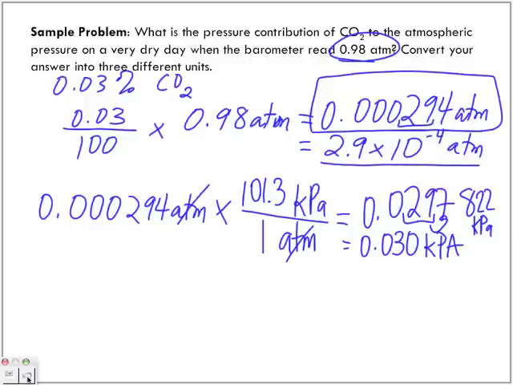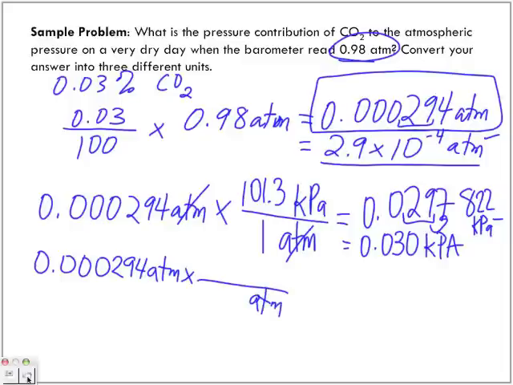And we're going to convert it into one more different unit. We've kept it in atmospheres, converted it into kilopascals, and now let's convert it into torr. So we've got 0.0000294 atmospheres. We want to cancel atmospheres, so with unit conversions, we always multiply by a fraction and put the unit we want to cancel in the denominator.